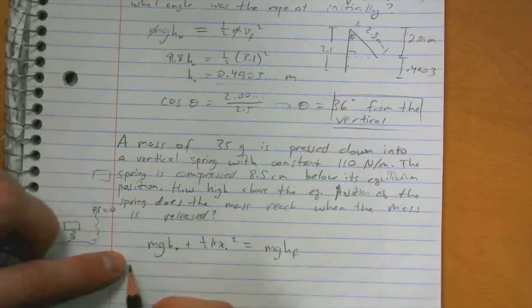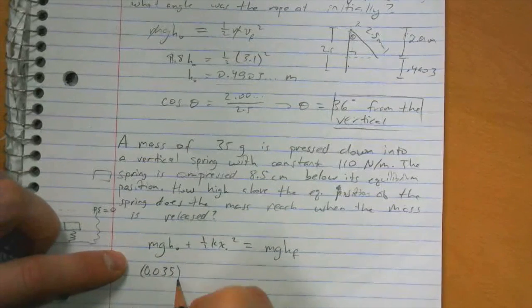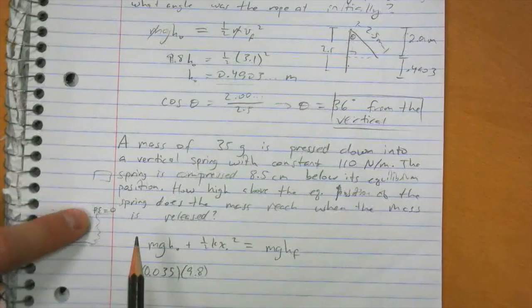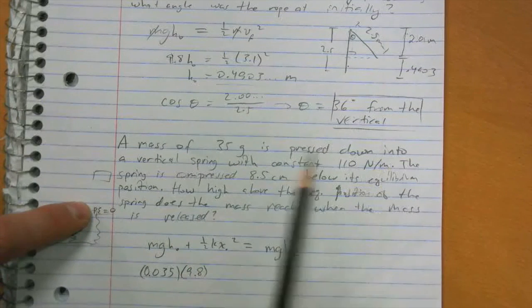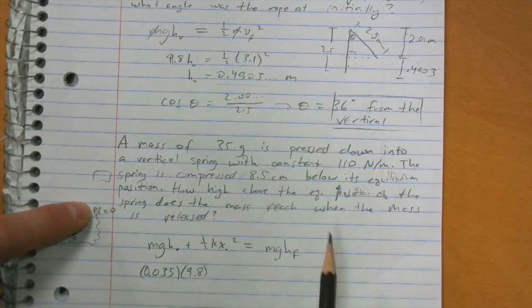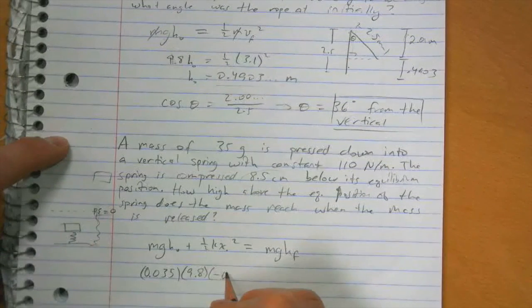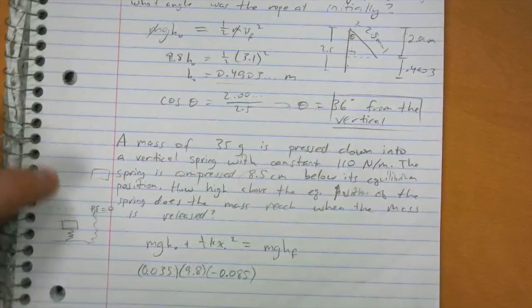And then we can plug in numbers. 0.035 is the mass, 9.8. Its initial height, well, we set our 0 at the equilibrium position of the spring, and this is pressed down, compressing at 8.5 centimeters, so we went 8.5 centimeters down, so that's negative 0.085 meters for our initial height.